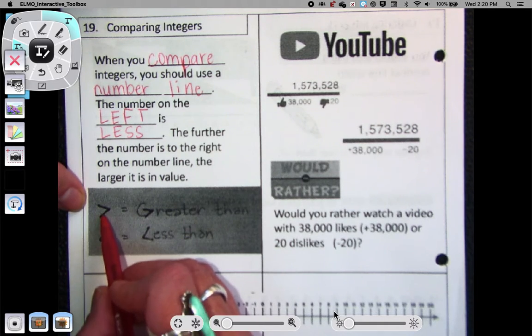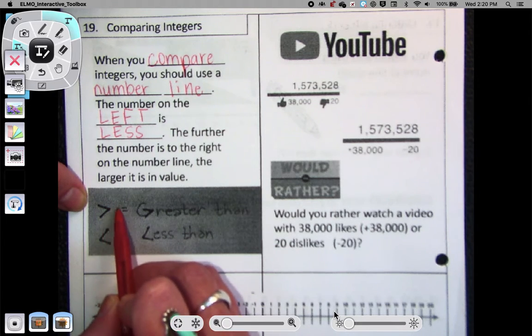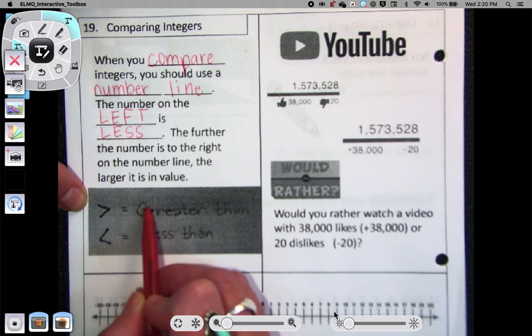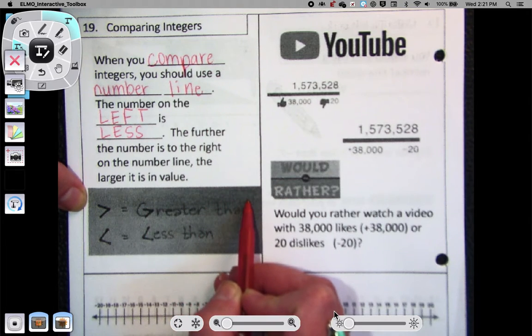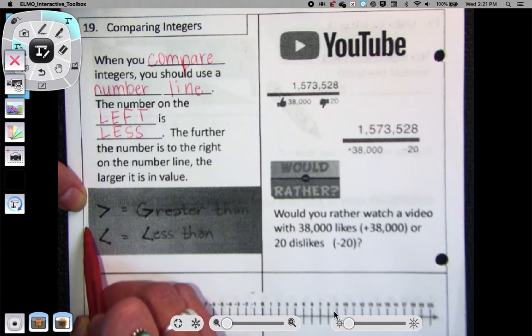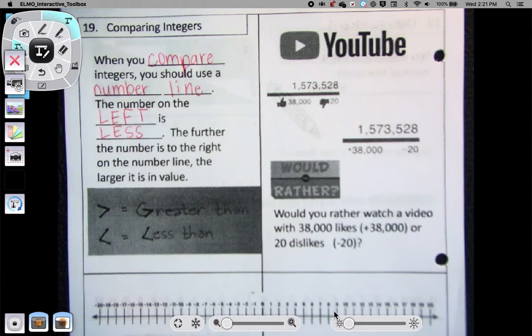And just like Mr. J was saying on the video, the number on the right is greater, or the further you go to the right, the greater in value. The further you go to the left, the less in value. So that was just a hint for you there.